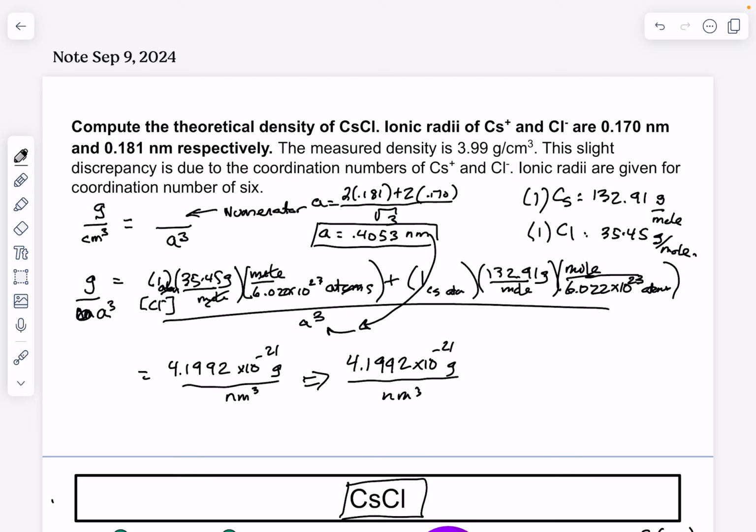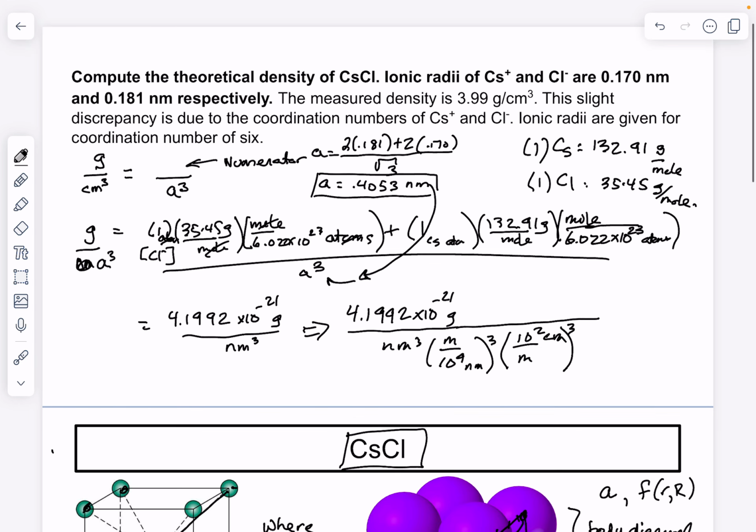I'm going to multiply by 1 meter for every 10 to the 9 nanometers. We have to cube that whole thing. And then I note that in every meter, there are 10 to the 2 centimeters, and that would also need to be cubed. In this denominator, I'm going to do some out loud math.